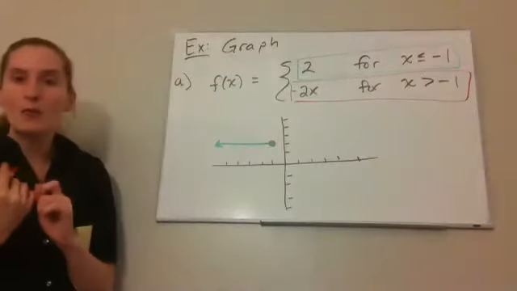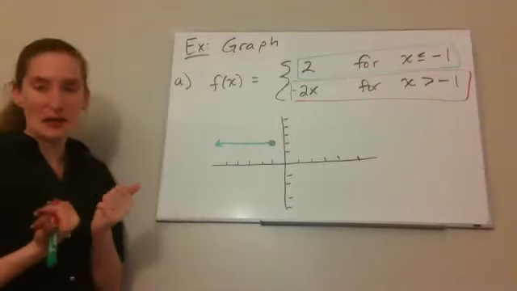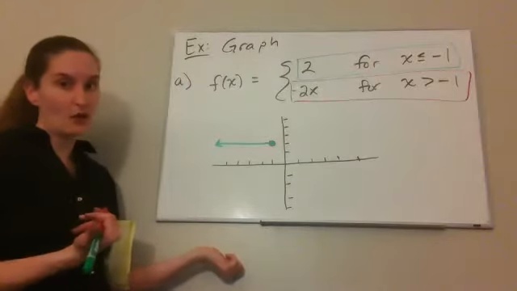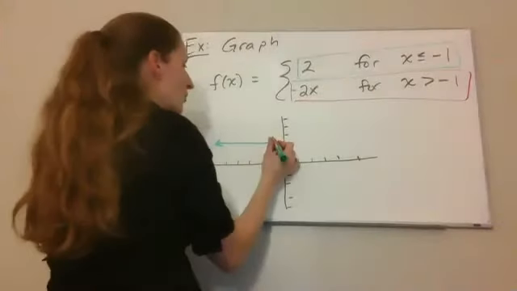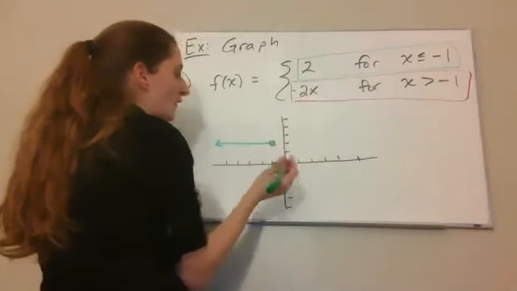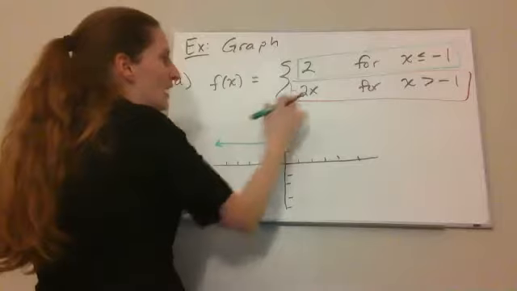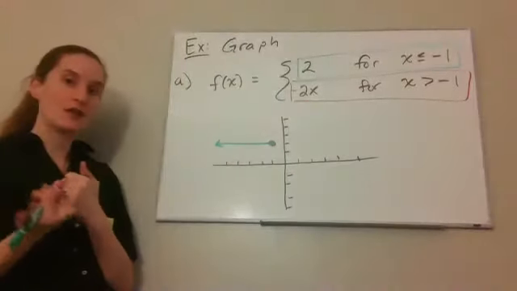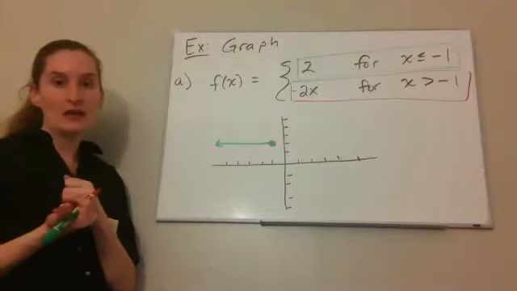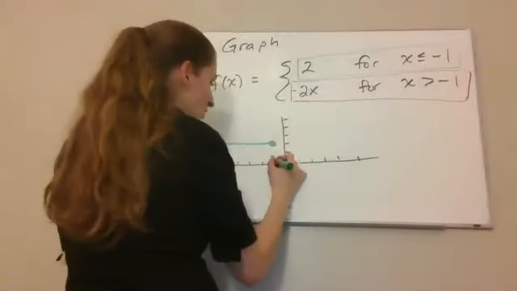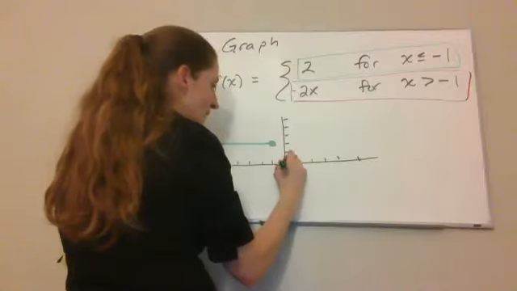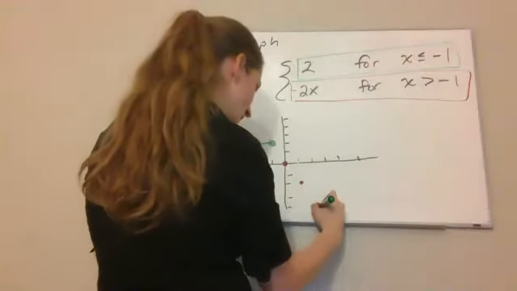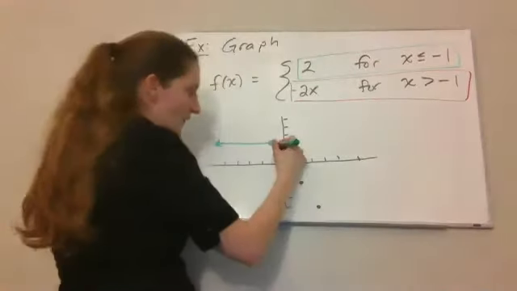Now notice that my open circle landed directly on my filled in point from before. That happens sometimes, but not all of the time. So here's a point that would be on my graph, the hole for this red part. And I know that f of x equals -2x is a linear function with a slope of -2. So I can go down 2 and over 1, down 2 and over 1. And I'm going to do it one more time, down 2 over 1, just so my graph is nice and straight.